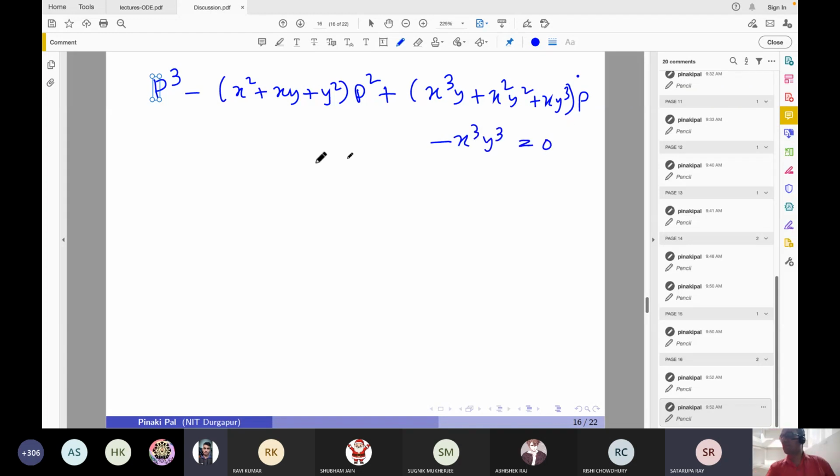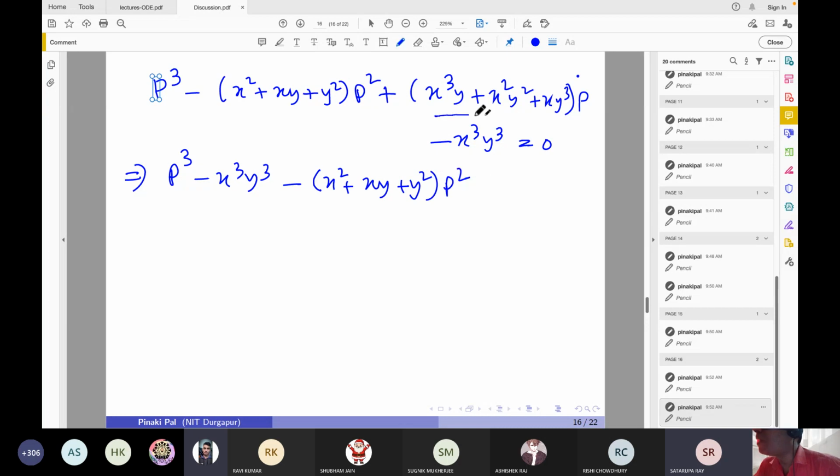This is equal to 0. From here we can do one thing: p cube minus x cube y cube minus (x square plus xy plus y square) p square, and from this term we can take xy common, giving xy (x square plus xy plus y square) p. This is equal to 0.